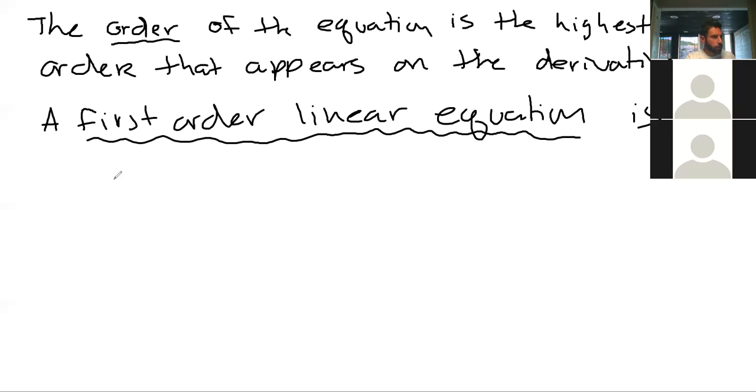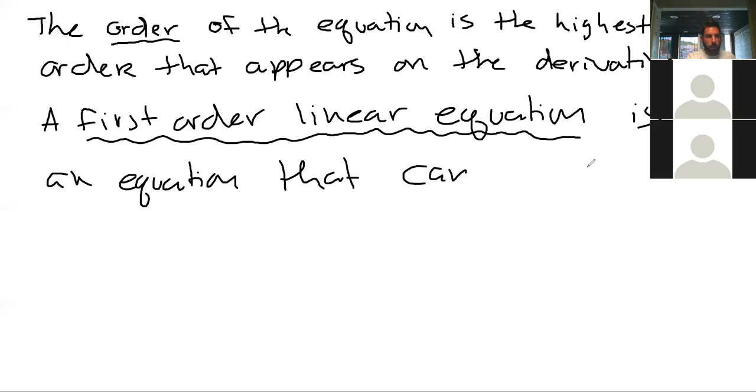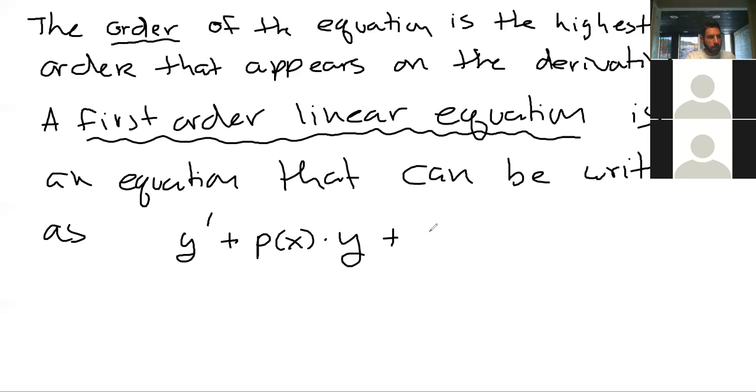So this is an equation that can be written as, typically we write it like this: y prime plus some function of x, let's call it p of x, times the unknown y equals, let's write it in the standard way the book does, equals some other given function q.